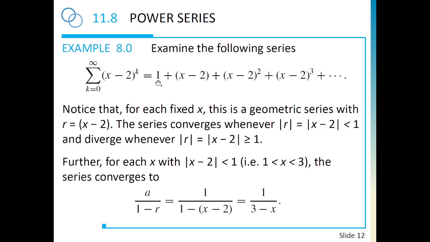My first element is 1 and then the ratio is x minus 2. So for geometric series we know that series is convergent if and only if the absolute value of the ratio is smaller than 1 and it diverges otherwise.